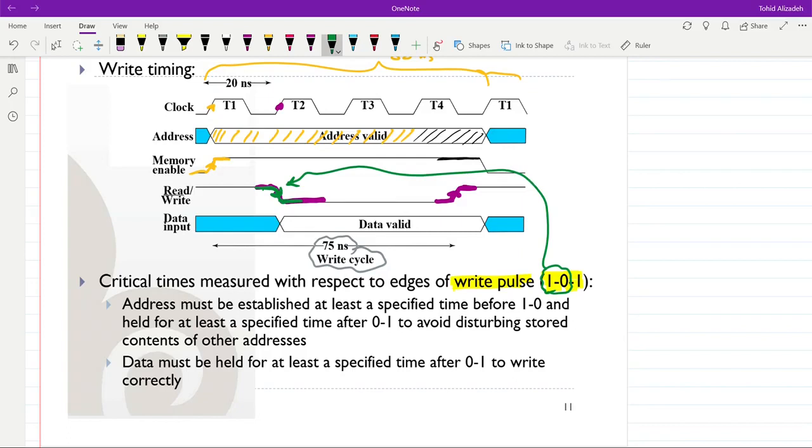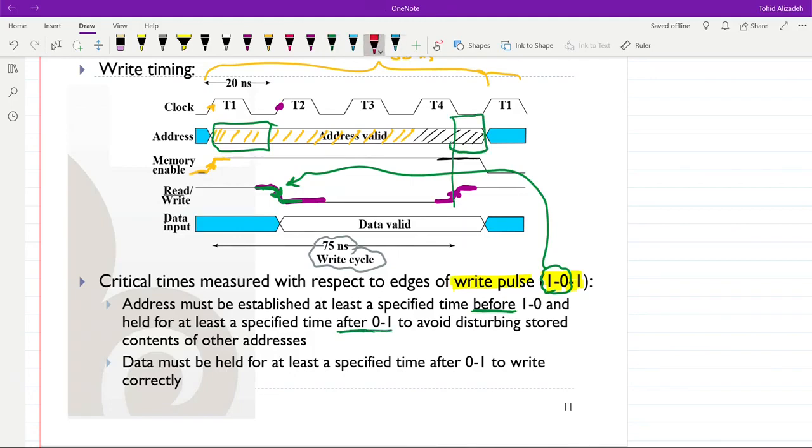And you can see that the address must be established at least a specified time before 10. So that's what we have here. And then it should be held for at least a specified time after 01.